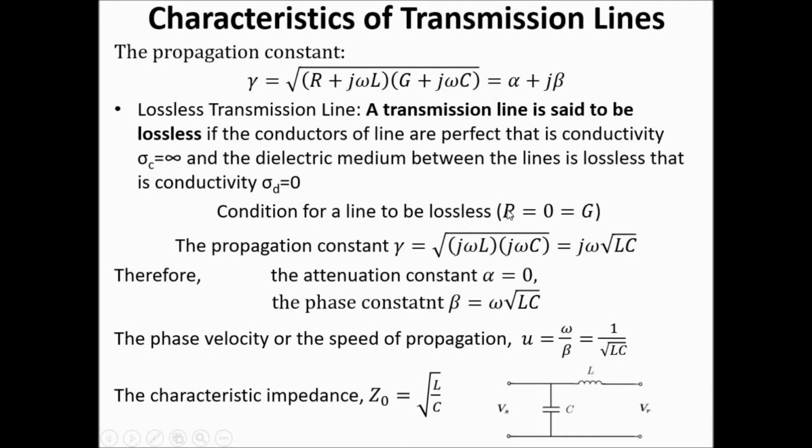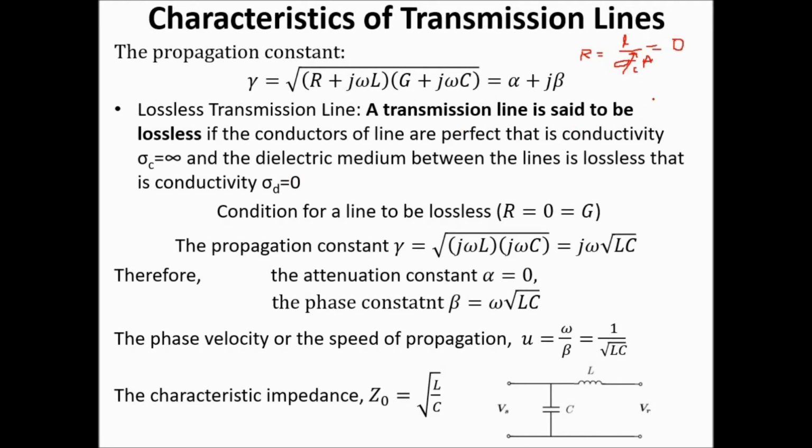So as you see for the conductor, we know that the resistance of the conductor is equal to L over sigma C times A. As the conductor has very high conductivity, this will be infinity, and 1 over infinity gives you 0. So resistance becomes 0.